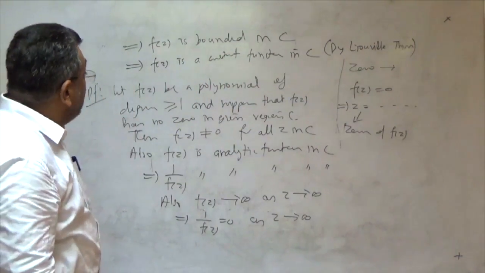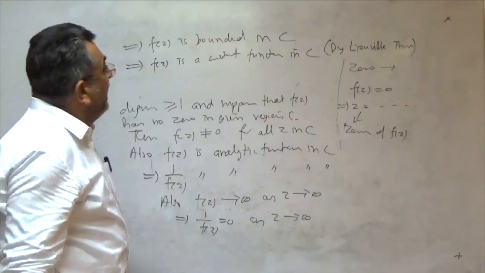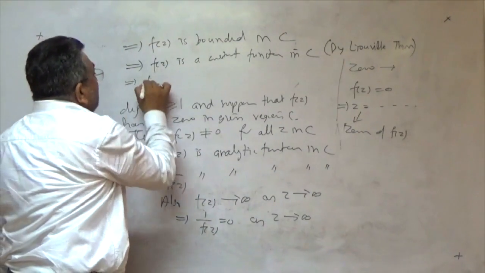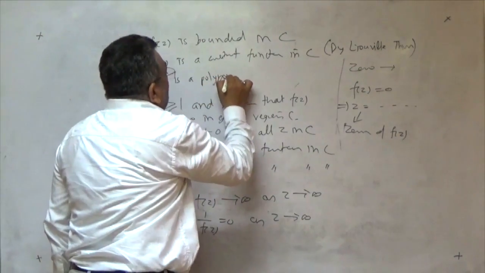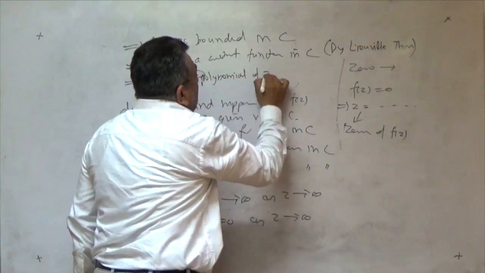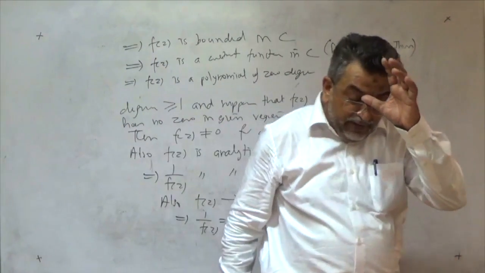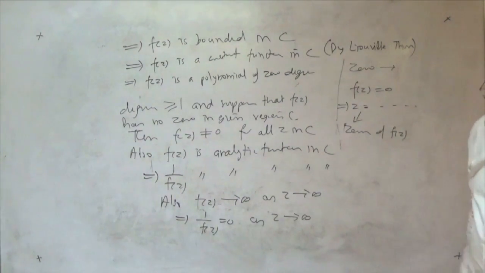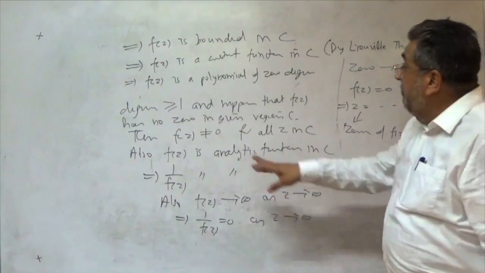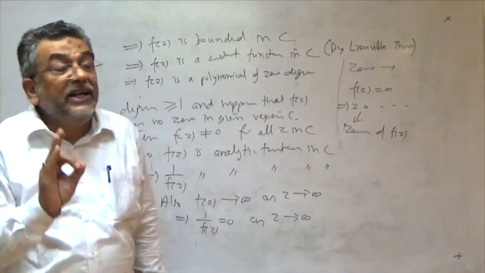And if it is constant, then f(z) is a polynomial of degree 0, because a constant function is a polynomial of degree 0. This contradicts our assumption, because we considered that f(z) is a polynomial of degree greater than or equal to 1.